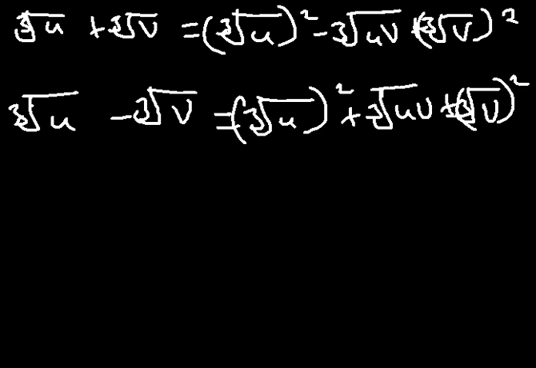That's the working principle behind the conjugate of the difference of two cube roots. So if we have the addition of two cube roots, this is the conjugate, and for the difference of two cube roots, this is the conjugate. So keep that in mind.